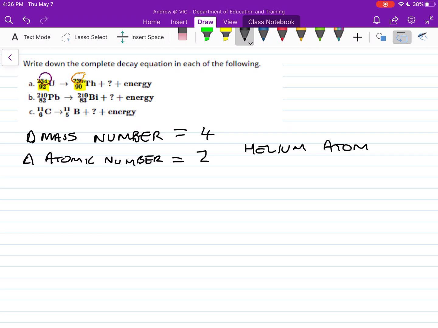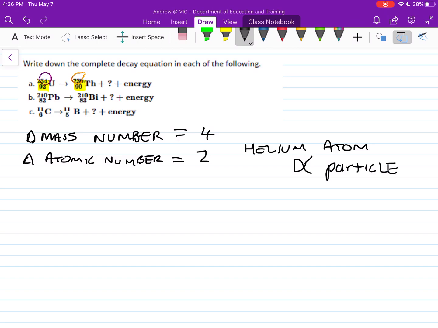And hopefully you remember that we call this an alpha particle. So this is what has left.